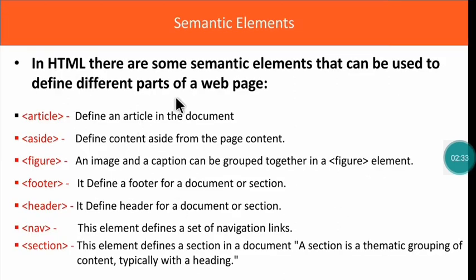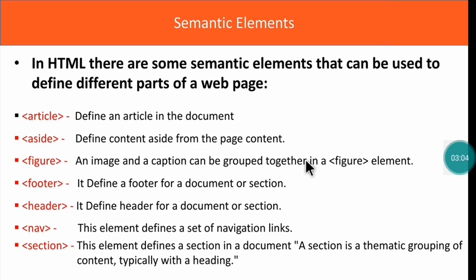Semantic elements. What are the semantic elements we are going to use while preparing the web page? In HTML, there are some semantic elements that can be used to define different parts of a web page. Semantic elements clearly describe their meaning to both the browser and the developer. Examples of non-semantic elements are the div tag and span tag.